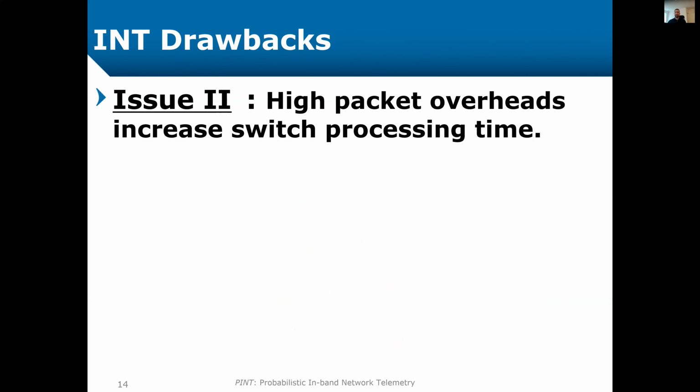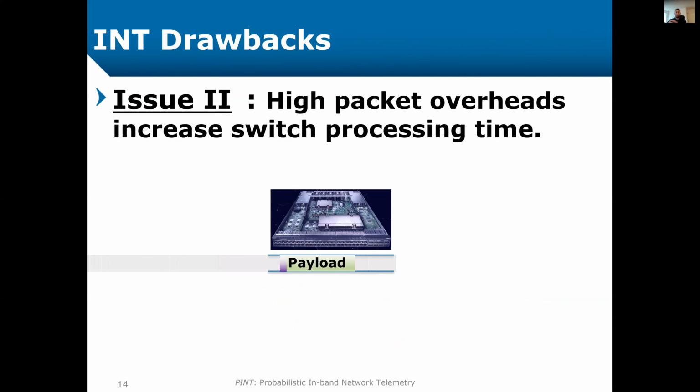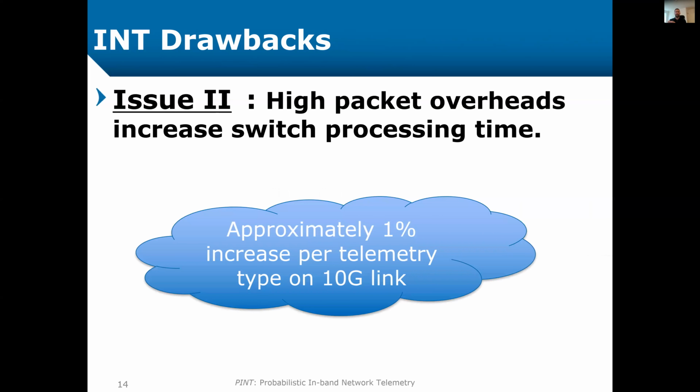And the reason for that is if we have a switch and we have a packet with a fixed payload, then if we add these INT bits, it's going to take more time for the switch to serialize and deserialize the packet, and it would add latency. And in our calculation, every telemetry type that you add to a packet on a 10G link would roughly add 1% to the processing time.